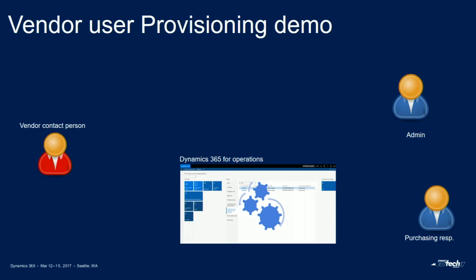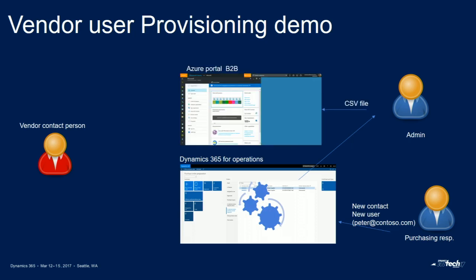So we have different people playing roles in that: the purchasing responsible, the administrator, and then this vendor contact person. What happens here is that we raise a user request based on a contact person defined in AX, this Peter guy, and we have a workflow processing that, sending a task to the administrator that he should export the information about Peter, and in his Azure portal, he should upload this information.